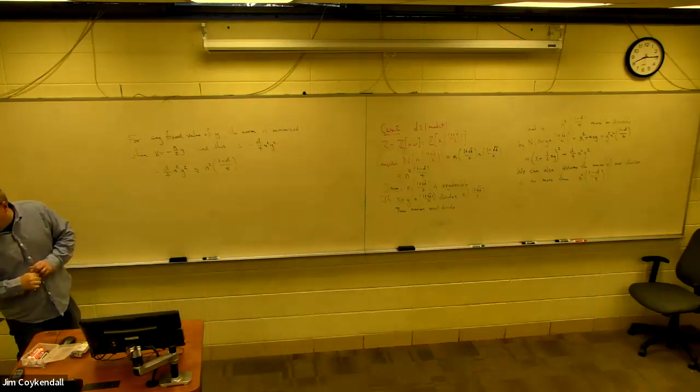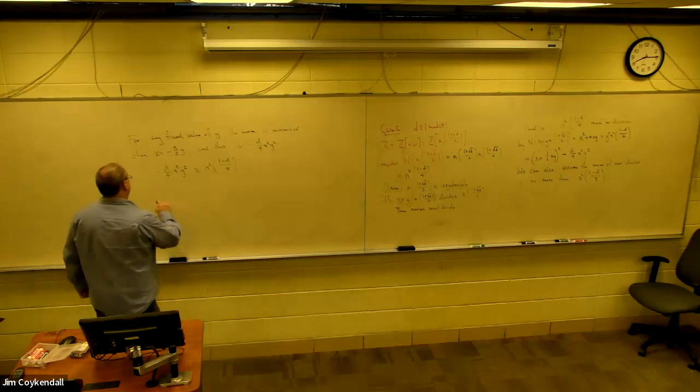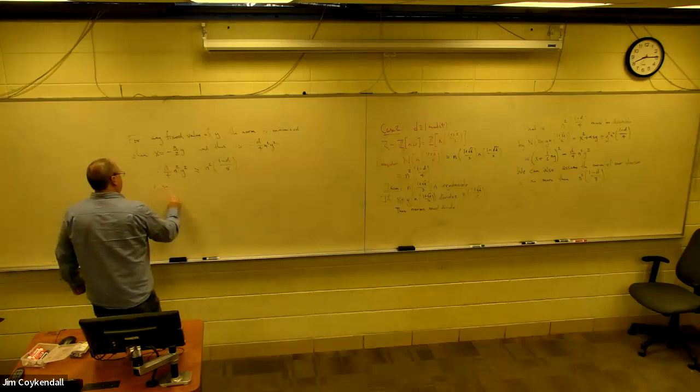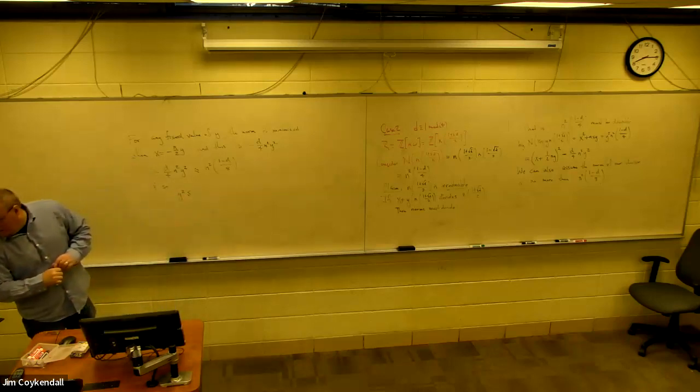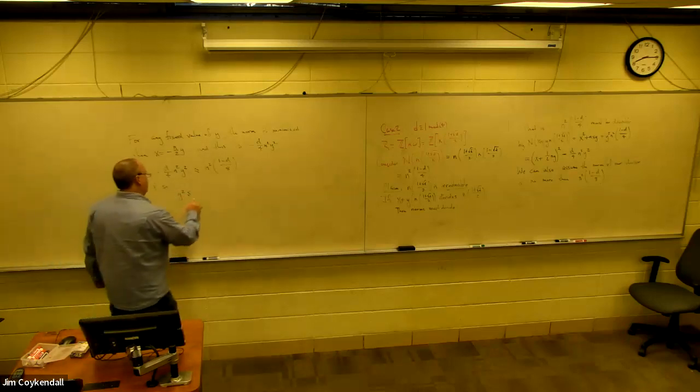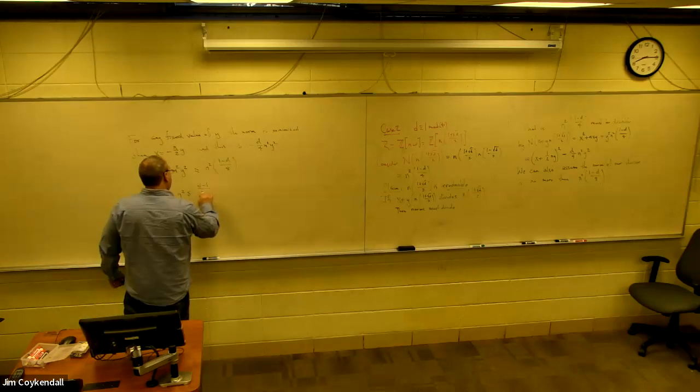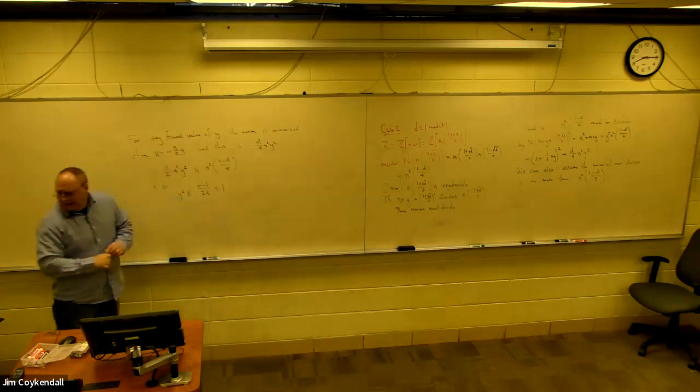And so we can rearrange this: y squared is less than or equal to (d minus 1) over 2d, which is less than 1.